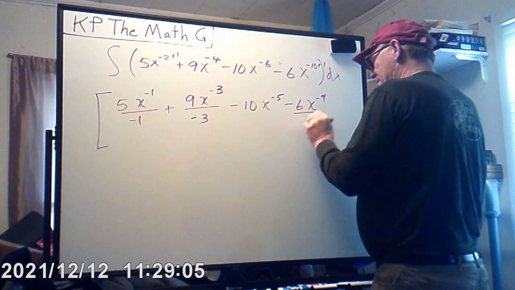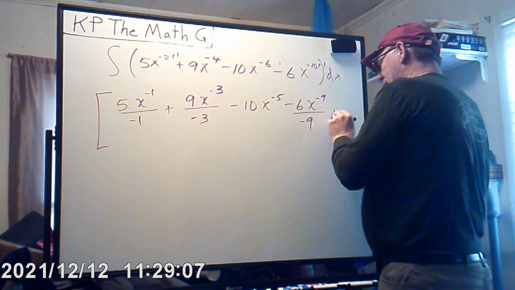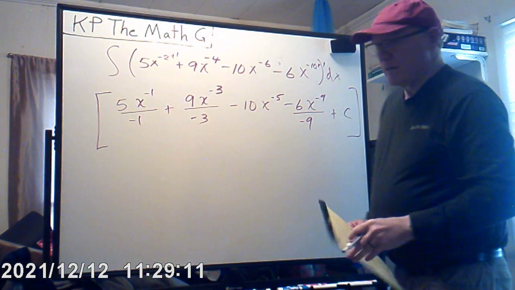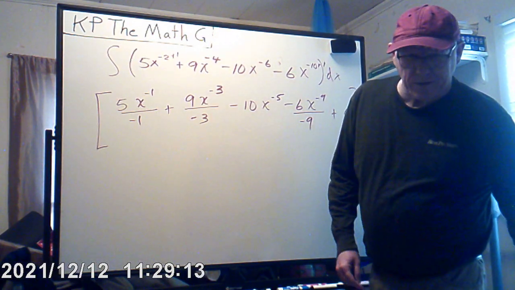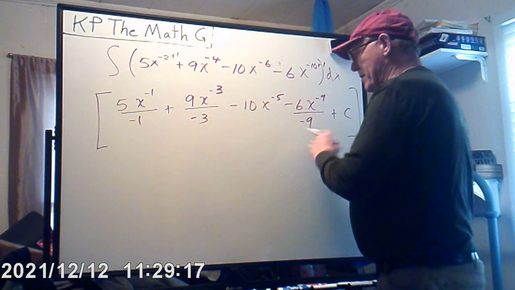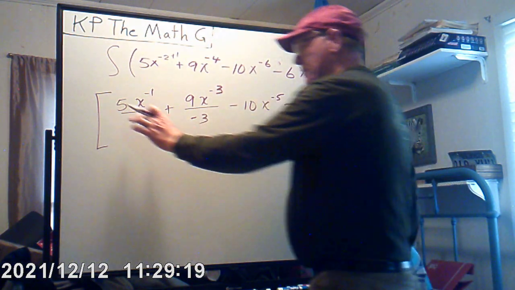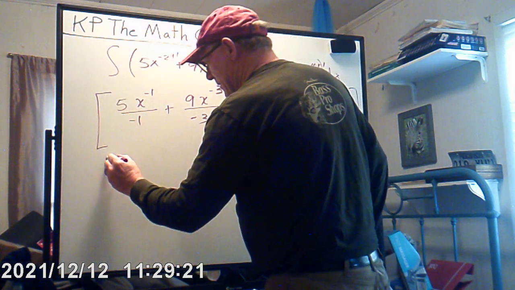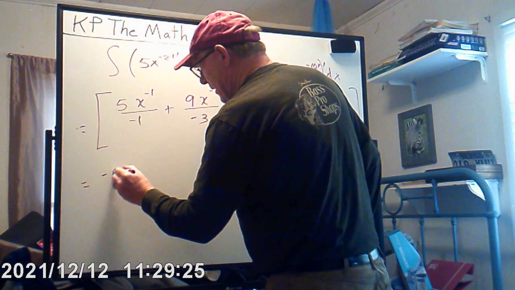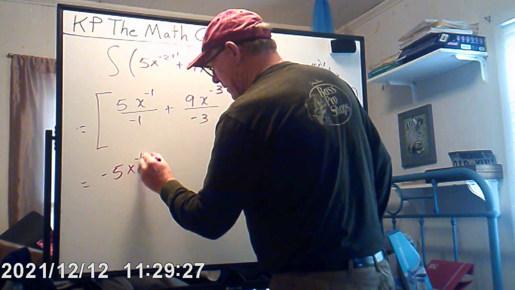And you put the negative 9 down here. And put a plus c right there. We can fix a lot of this stuff up. Let's leave the negative exponents where they are right now. I think 5 over negative 1 is negative 5. So negative 5, x to the negative 1.